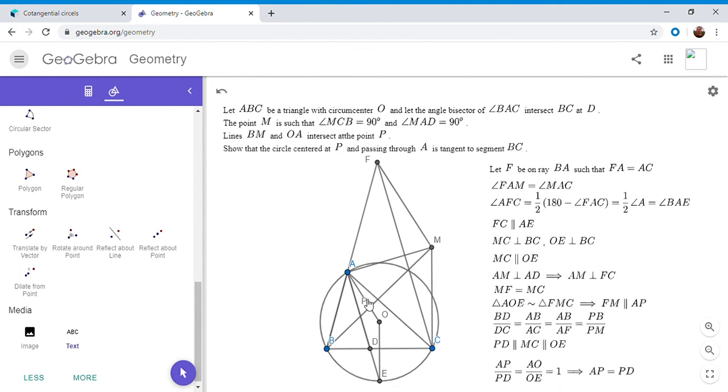And so AP is equal to PD. And so basically, if AP is equal to PD, that means the circle centered at P passing through A also passes through point D, and PD is also perpendicular to BC. So that solves the problem, because that means that circle is tangent to the segment BC.